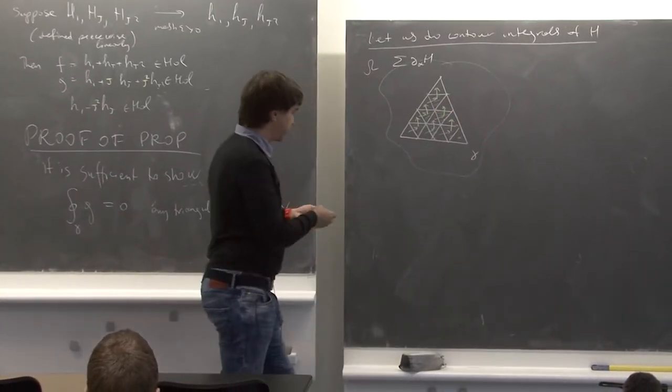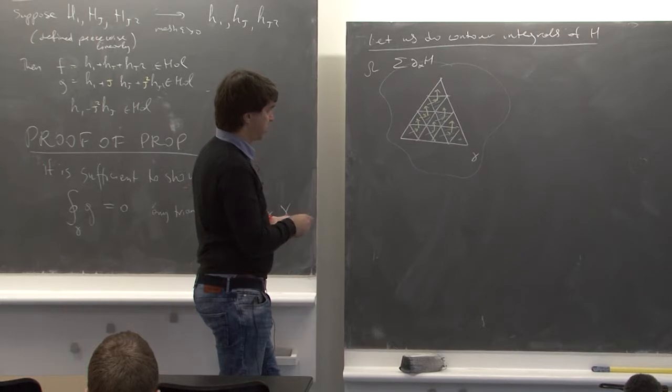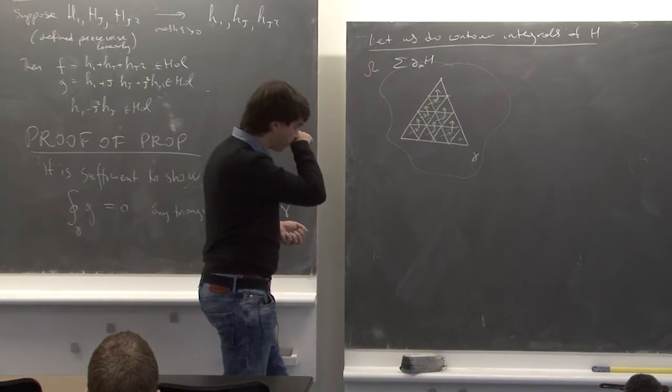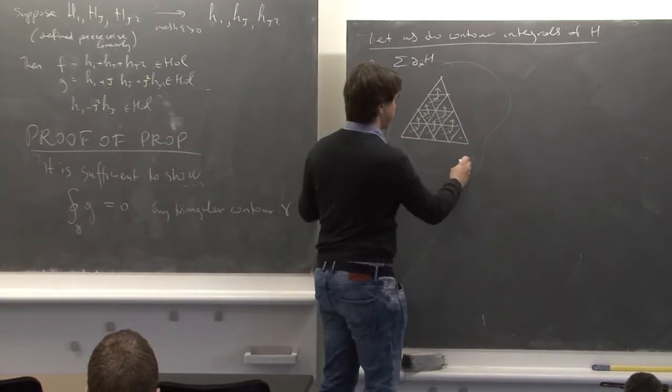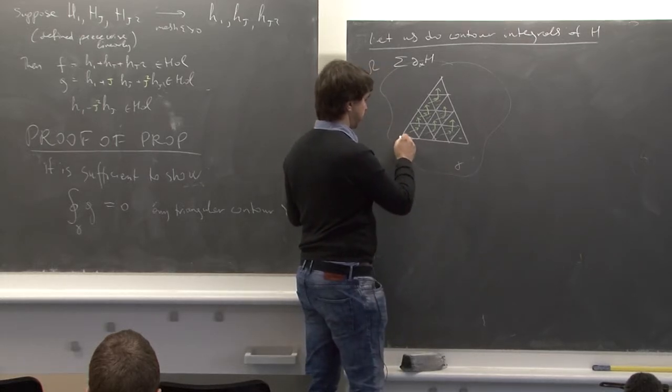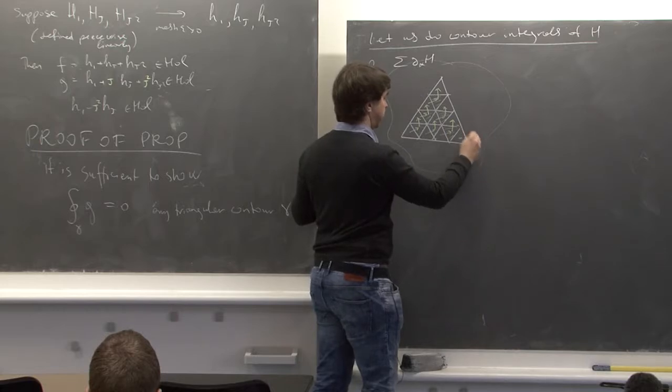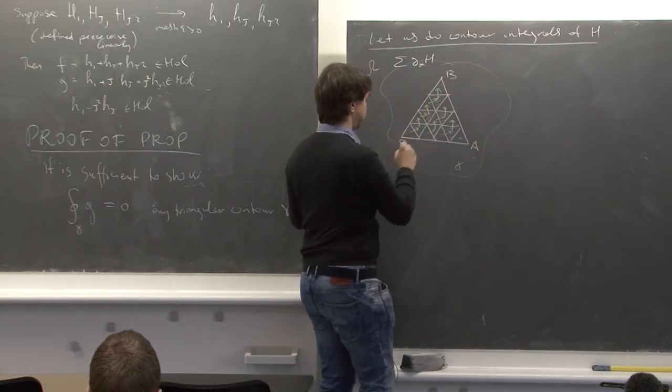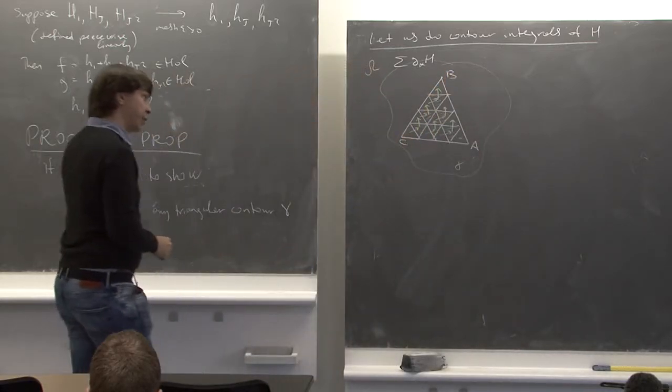So let me denote good letters for the boundary: let's say A, B, and C, or A, A tau squared, A1.